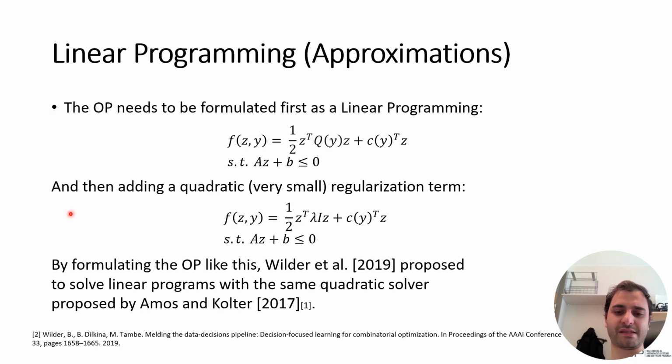A linear program is basically C transpose times Z, subject to the same constraints as we had in the quadratic programming. So then, by formulating the OP like this, Wilder et al. 2019 proposed to solve linear programs with the same quadratic solver. So the approach is the same, taking the gradients through the KKT conditions.